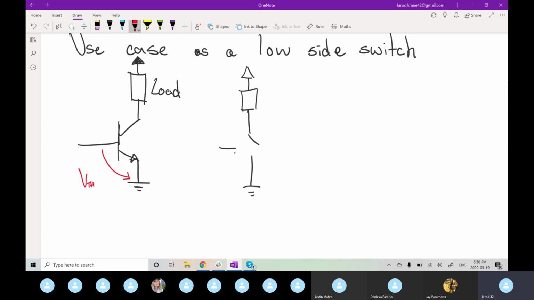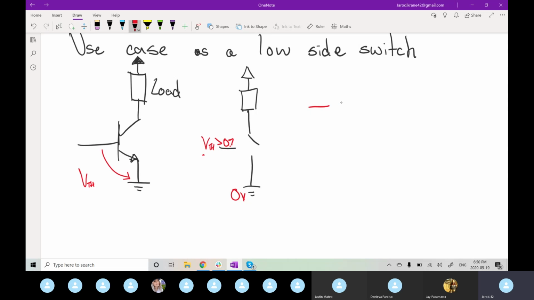So if your emitter is always set to 0 volts, it's not too challenging and power intensive to send a signal that's greater than your threshold. Whereas if you're using it as a high side, when you're energized, your emitter may have a greater voltage and it'll instantly turn itself off, or you have to supply a larger threshold.